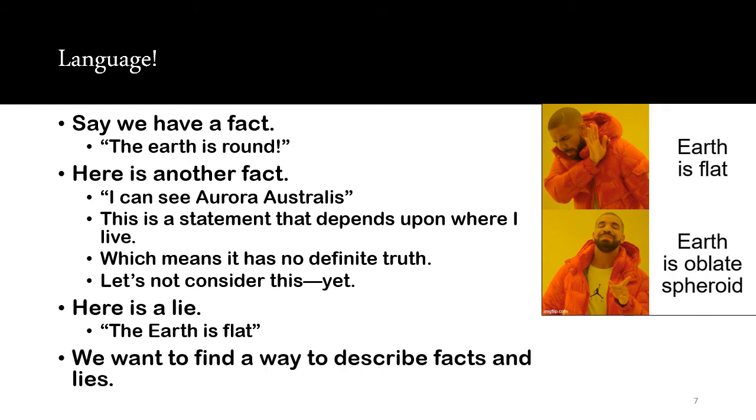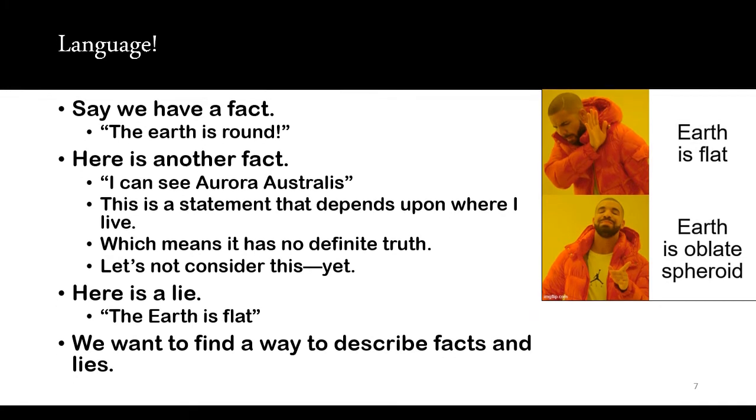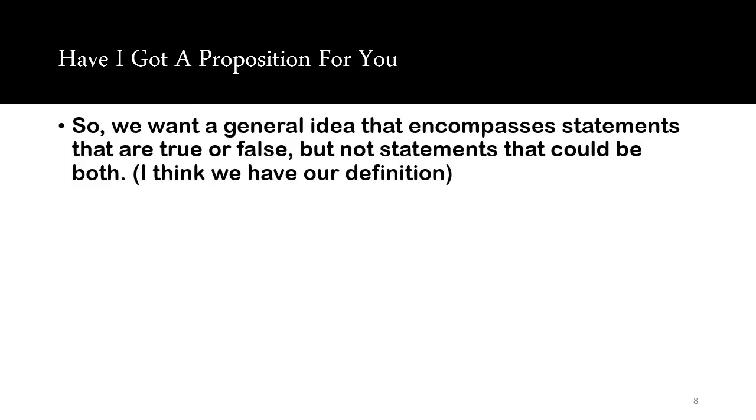We want to find a way to describe facts and lies. So we want a general idea that encompasses statements that are true or false, but not statements that could be both. I think we have our definition.